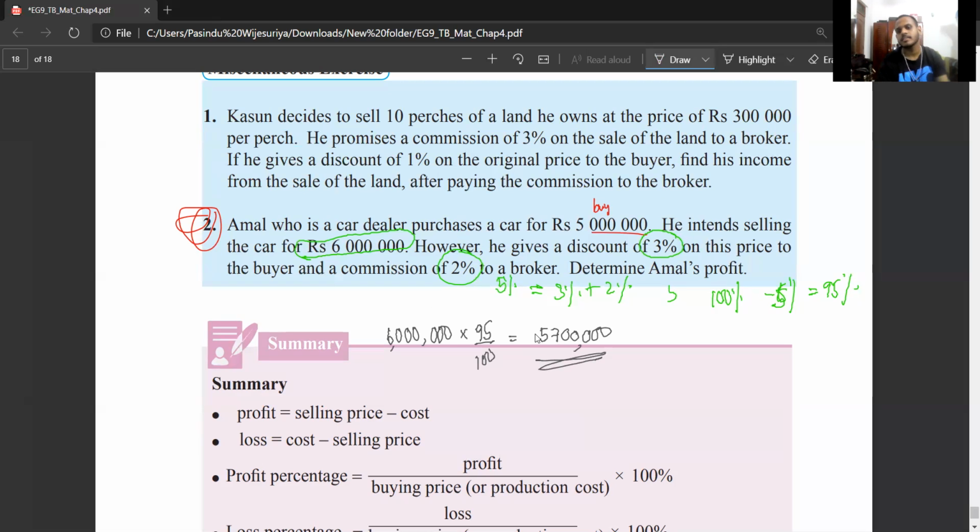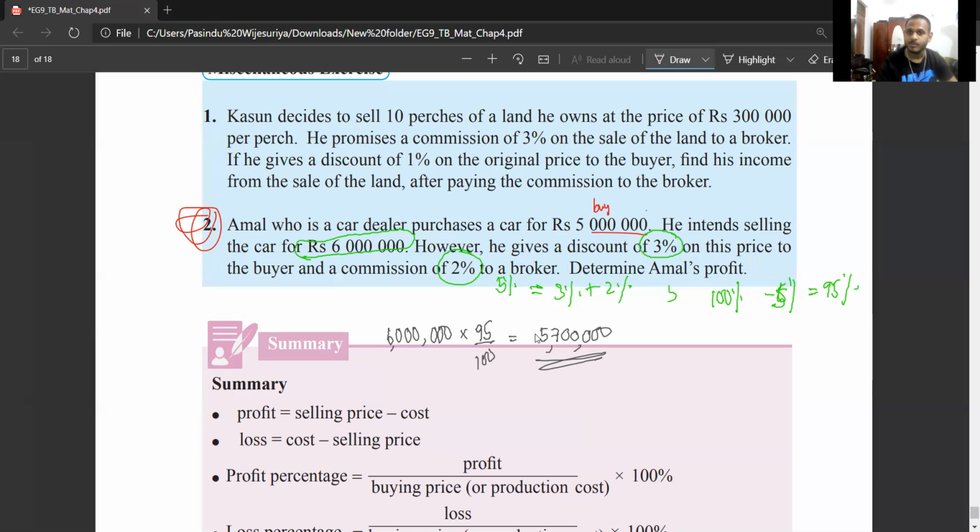This is the price he will be getting when he's selling the car. Okay, this is not his profit.